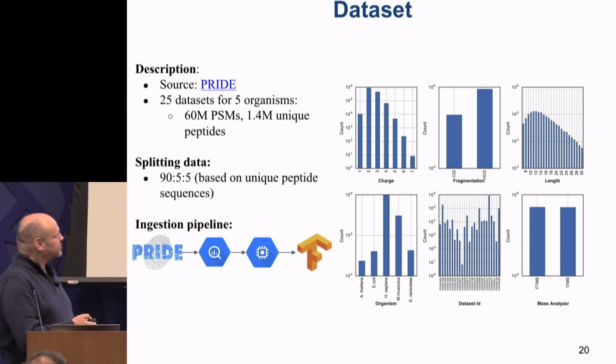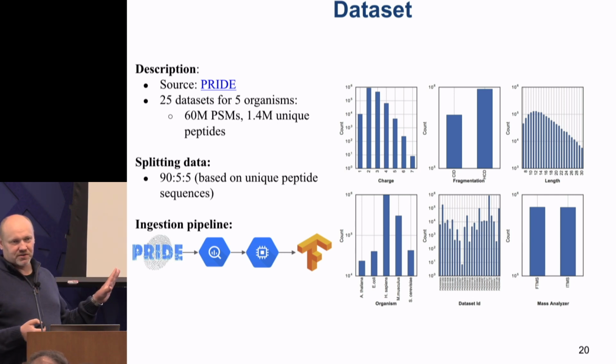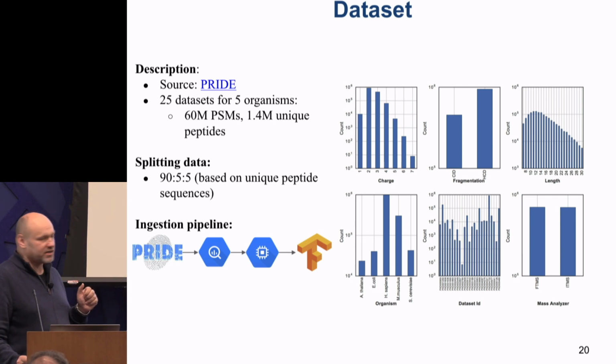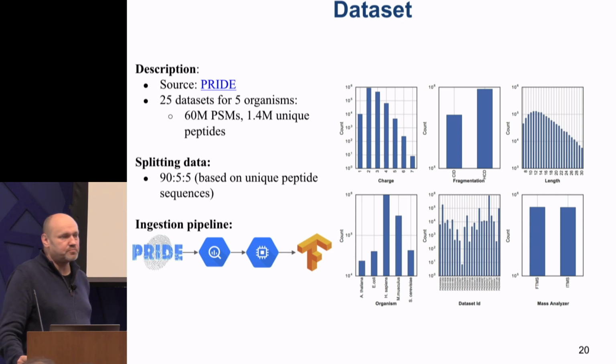So what are we using as a data set? That's slightly different to what they were using, because they were doing all of this with synthesized peptides, and we don't. We just use PRIDE, basically. We take a big chunk of data out of PRIDE, reanalyze the data with 1% FDR, and just take that.